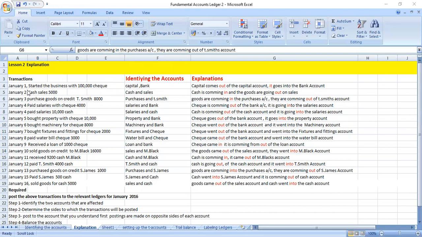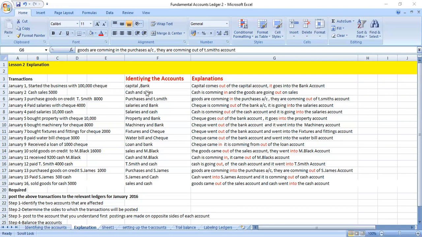All right, so the first transaction says January 1, started the business with $100,000 check. The two accounts that are affected are capital, because the money that we use to start the business is referred to as capital, and check simply means bank, because we have to take the check to the bank to have it changed or lodged or whatever it is that we choose to do with it.